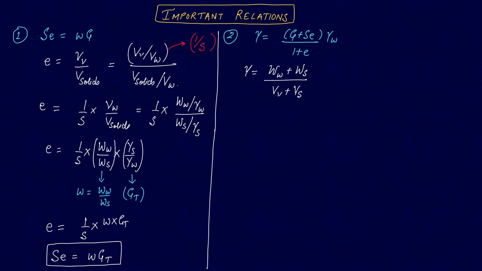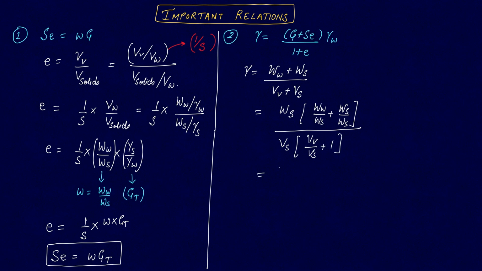Now from here, take Ws as common. You will see that Ww upon Ws will be in the bracket, and the second term will be Ws upon Ws, which can simply be written as 1. In the denominator, if you take Vs as common, this will be Vv upon Vs plus 1.